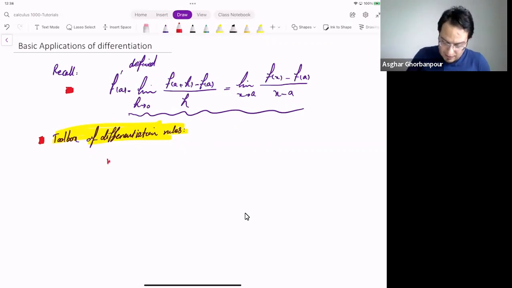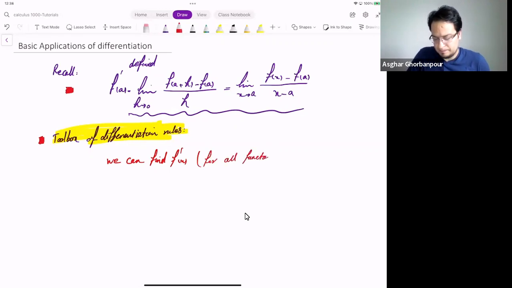We can find f prime of x, for most of the functions, actually for all the functions in this course, using differentiation rules.